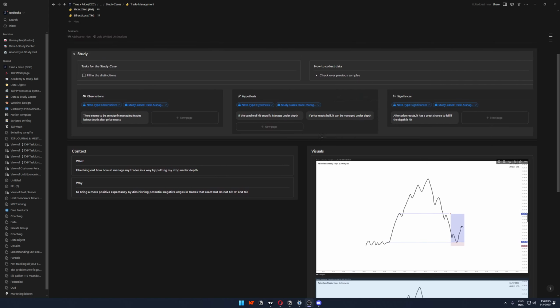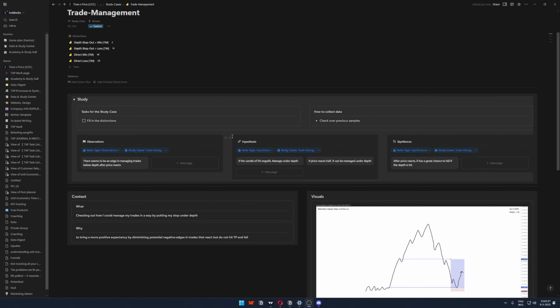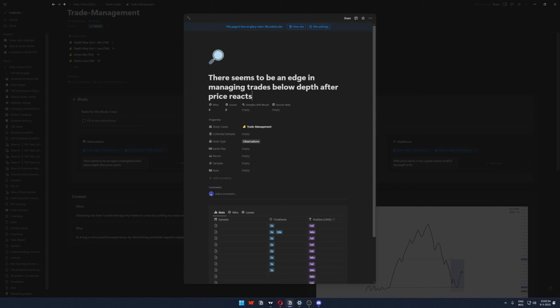So viewing this is the trade management study case, and this study case is focused on this observation. There seems to be an edge in managing trades below depth after price reacts.